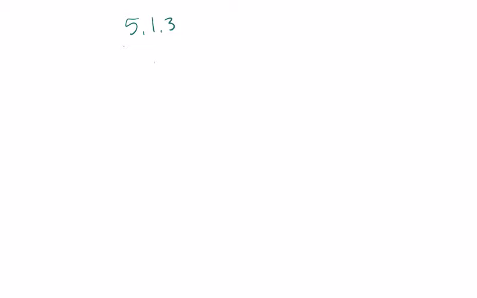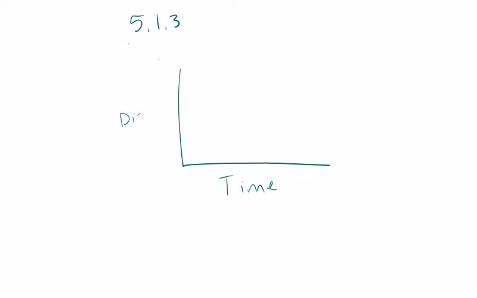Okay, so the first section, 5.1.3, is about interpreting graphs. And so these are just kind of sketches of graphs. Like time versus distance, and you're running.